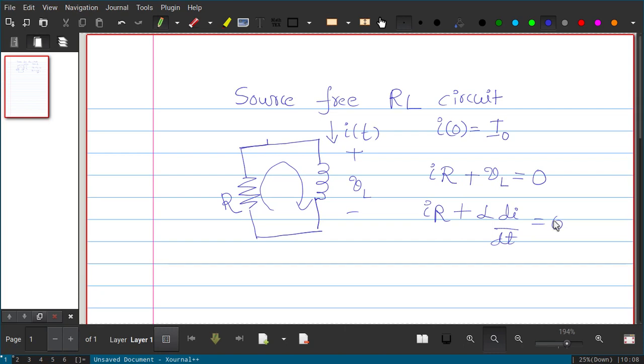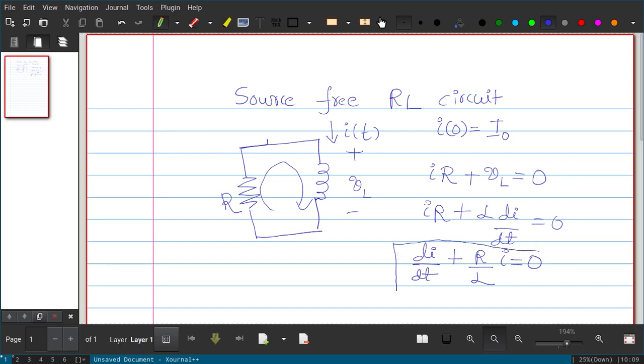Now if you divide the whole equation by L, I will write di by dt plus R by L into i equal to 0. So this is a first order linear differential equation.